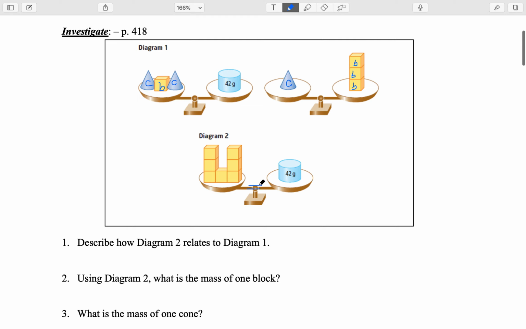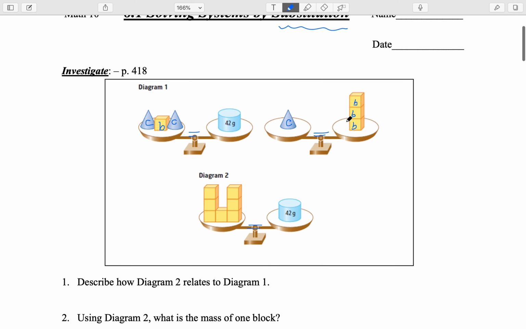So one is equal to the other. This is like an equal sign. It says describe how diagram 2 relates to diagram 1. Well, diagram 1 has these two different scales, but you notice that one cone is equal to 3 blocks. So where you see one cone here, they turn that into 3 blocks. So 1, 2, 3, 4, 5, 6, 7.